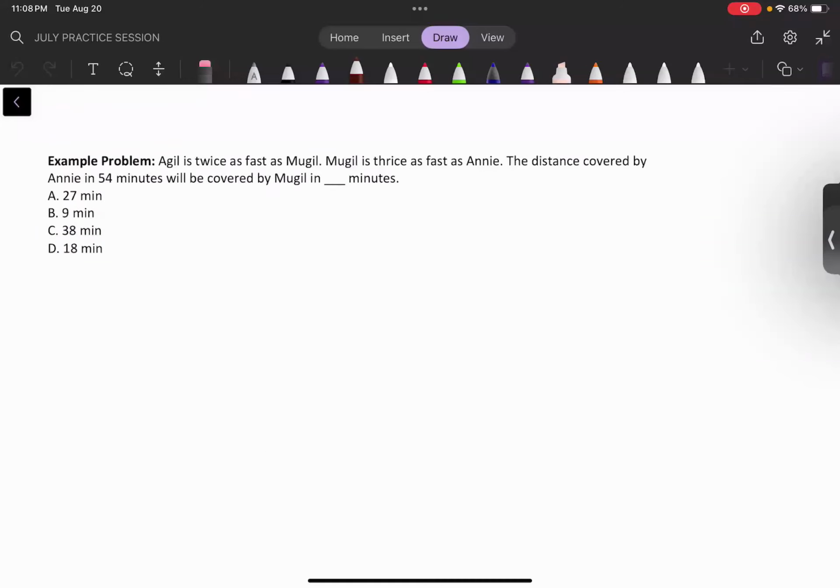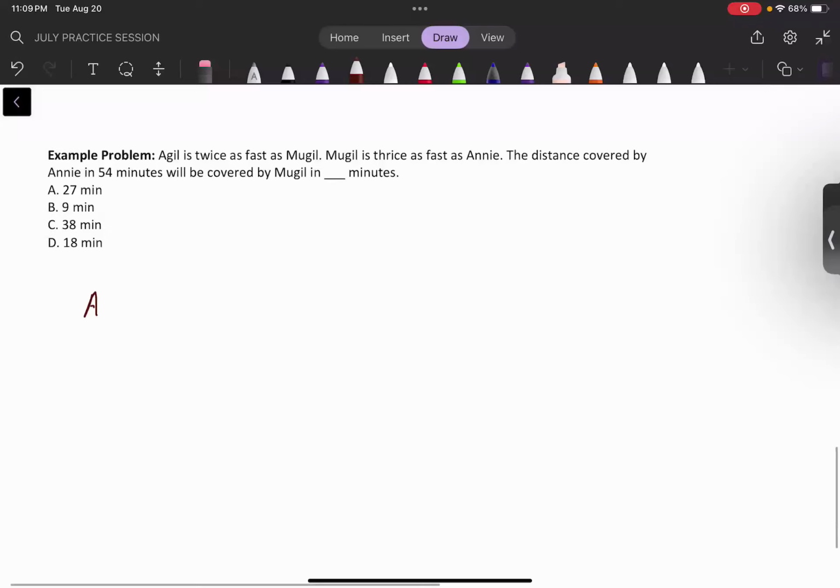Carefully see the question, please. There are three persons: Agil, Mogil, and Annie.